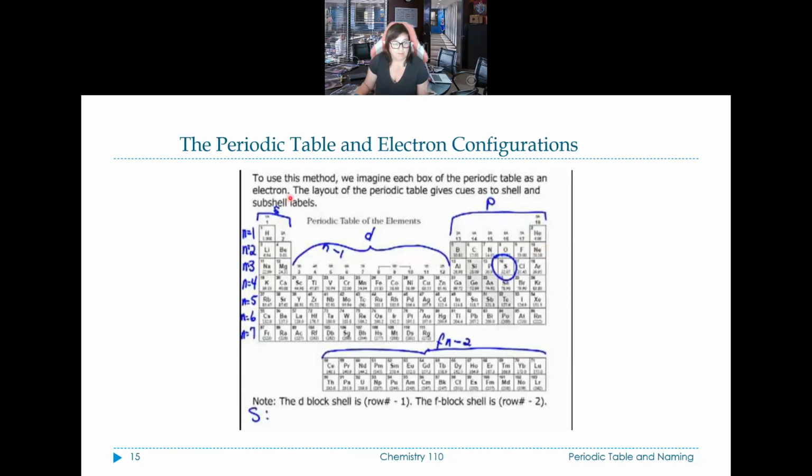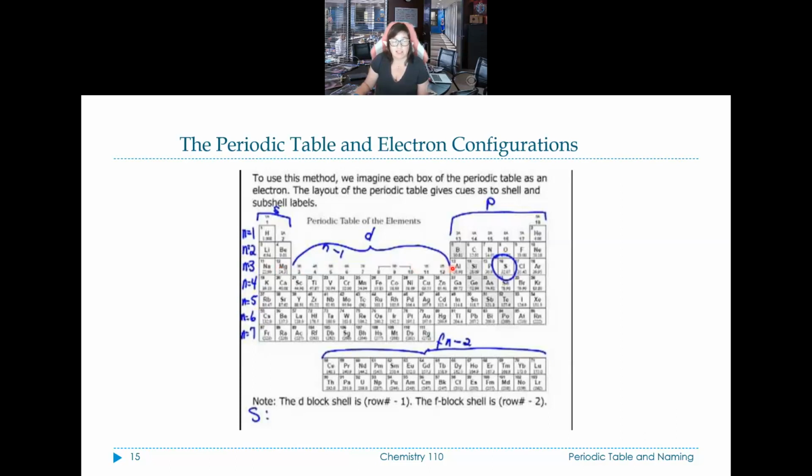We then go down to group 3. And so when I'm talking about sodium, that's going to be 1s2, 2s2, 2p6, 3s1. Magnesium is going to be 1s2, 2s2, 2p6, 3s2, because there are 2 electrons that I get from this, all right? The next place I go is 3p.